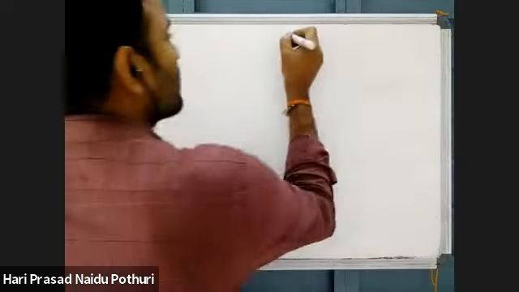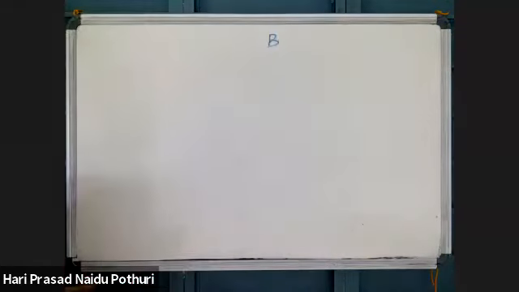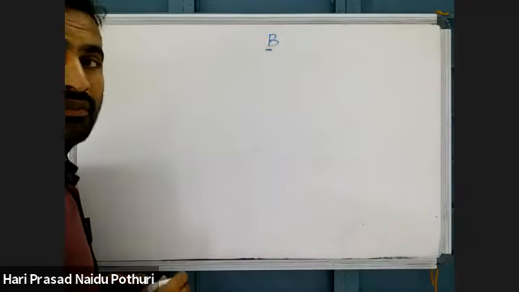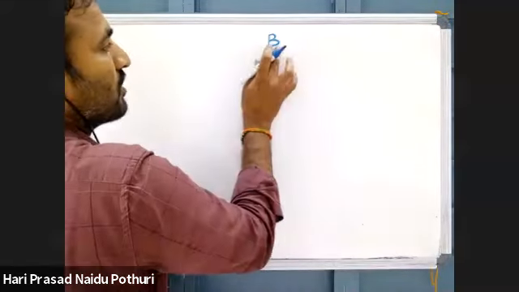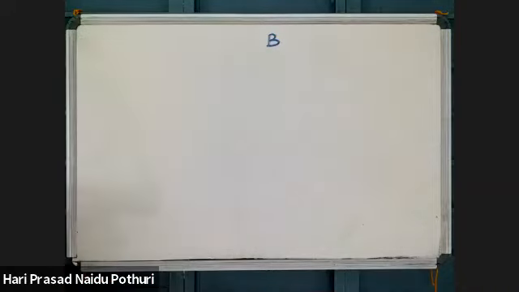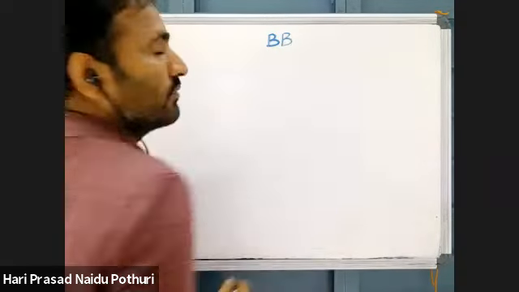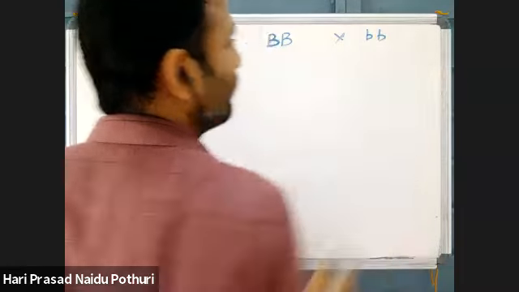A cross between a plant. Suppose starch synthesis, as I told you, is controlled by a gene called B. Gene B is responsible for starch production, starch grain synthesis. Suppose it has a dominant allele and a recessive allele.